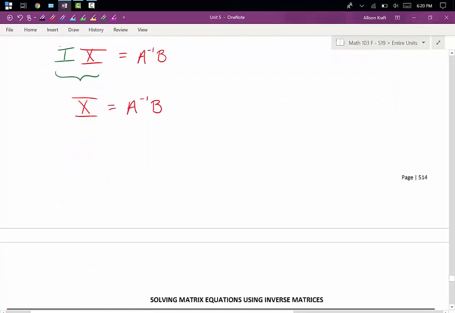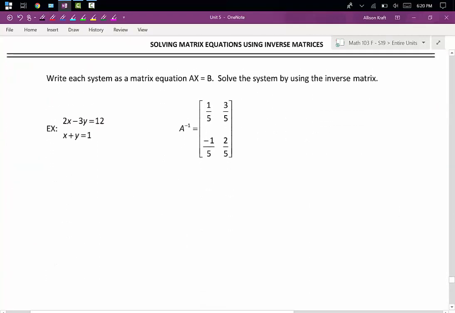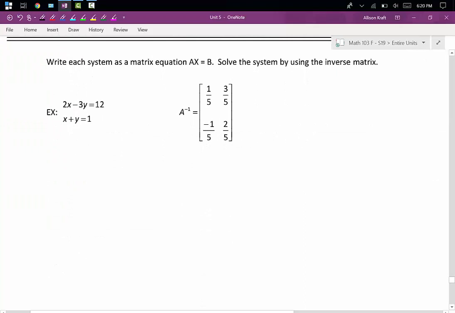So let's see this in action. We want to write each system as the matrix equation A times X equals B, and then we're going to solve the system by using the inverse matrix, which I've provided for you. So the first thing we want to do is write our matrix equation A times X equals B. A is our coefficient matrix, so we're just taking the coefficients 2, -3, 1, and 1.